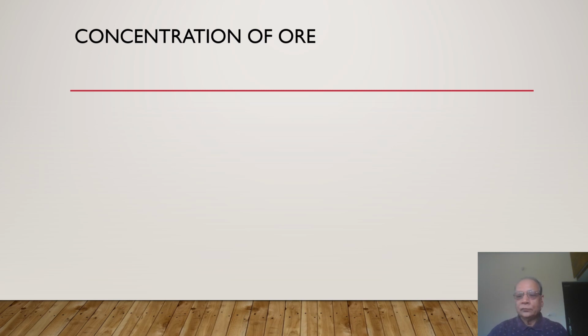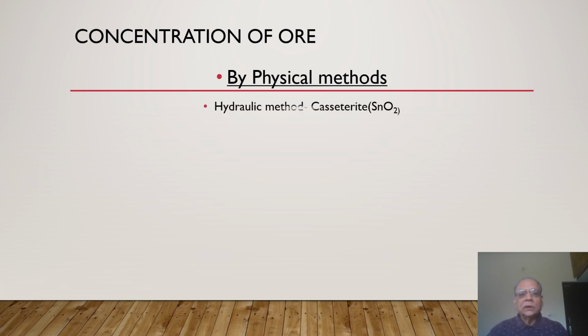Concentration of ore. The ore is concentrated first by physical methods, and they are as follows. Hydraulic method used for cassiterite, that is SnO2. Froth flotation method for sulfide ores, that is copper pyrite, lead sulfide, and zinc sulfide.